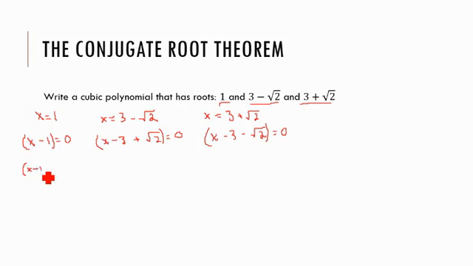So I'm going to take those 3 factors, and I'm going to write the polynomial in factored form. x minus 1 times x minus 3 plus the square root of 2 times x minus 3 minus the square root of 2, all equals 0. Now, just like with any factors, if I had 2 times 3 times 6, in order to find the product, I need to multiply all the factors.